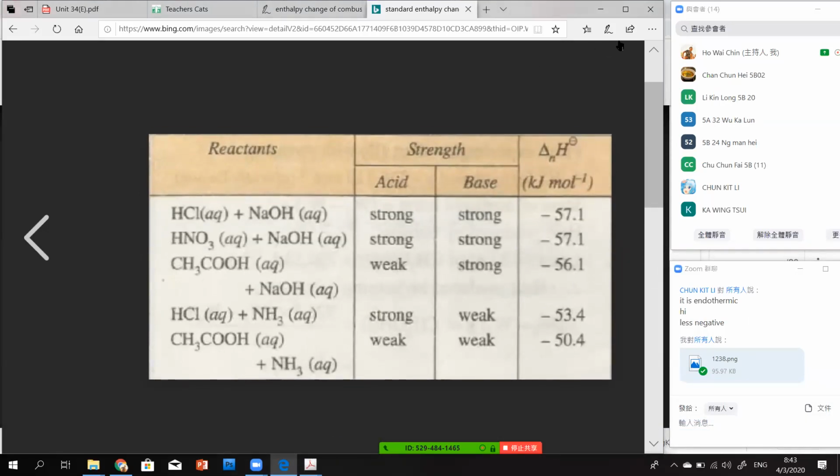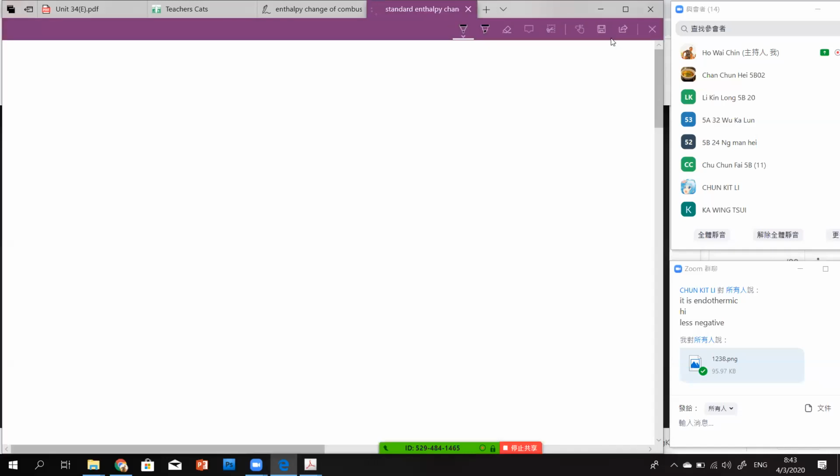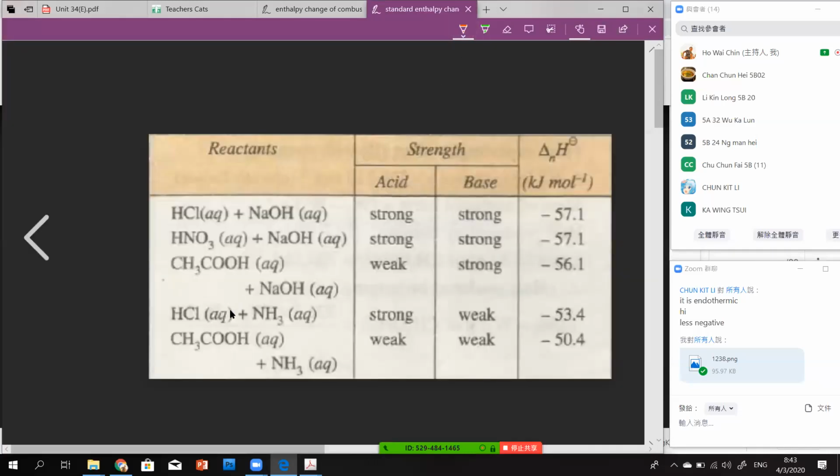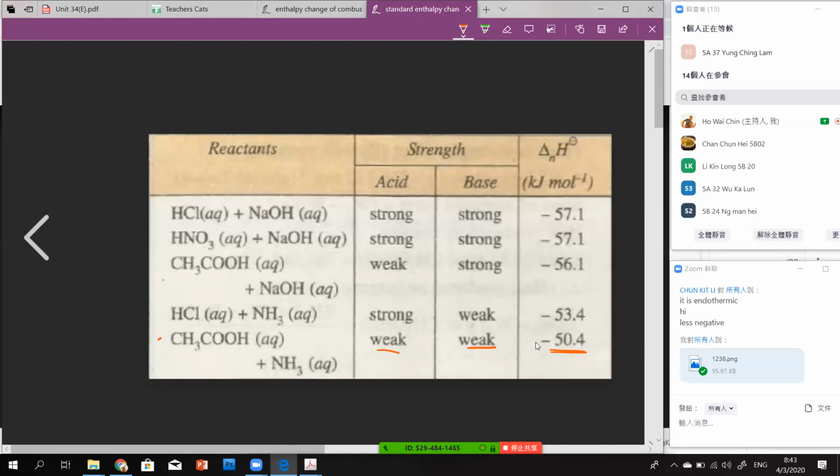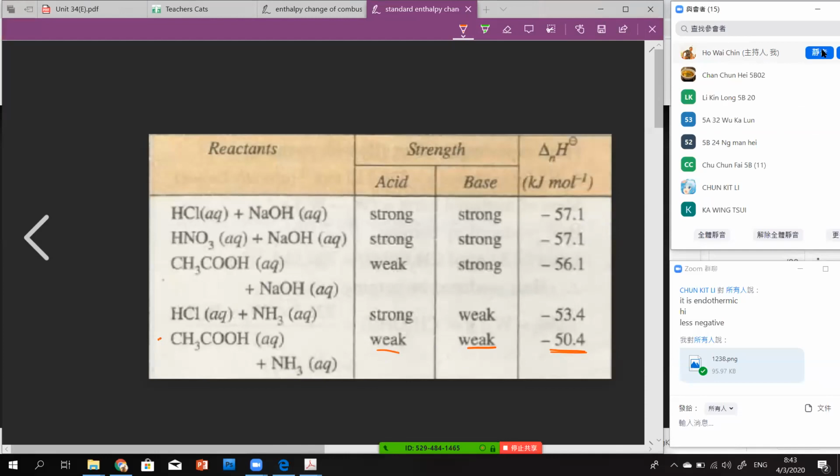How about this case? This one, I just asked you to think of this case. The last case, methanoic acid reacting with ammonia. Both are a weak acid and a weak base, so it will give you an even less negative value. When you compare with minus 57 point something, it just dropped to minus 50.4 only.